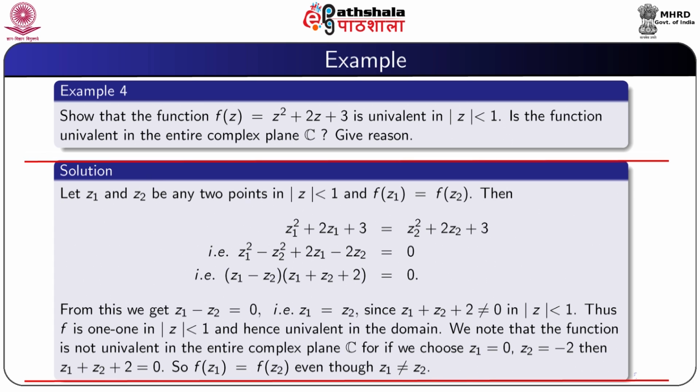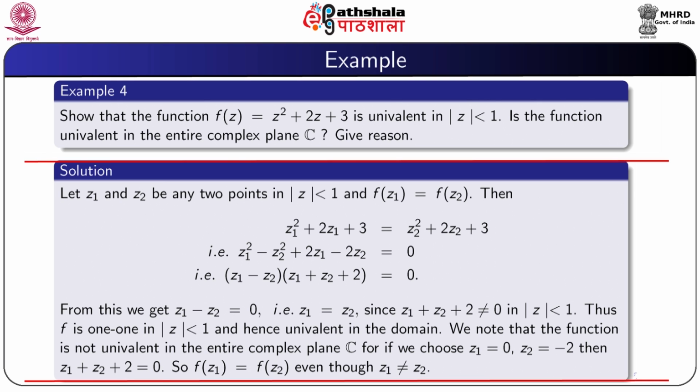Then obviously z1 square + 2z1 + 3 = z2 square + 2z2 + 3. That is, we can write z1 square - z2 square + 2z1 - 2z2 = 0. That is, (z1 - z2)(z1 + z2 + 2) = 0.